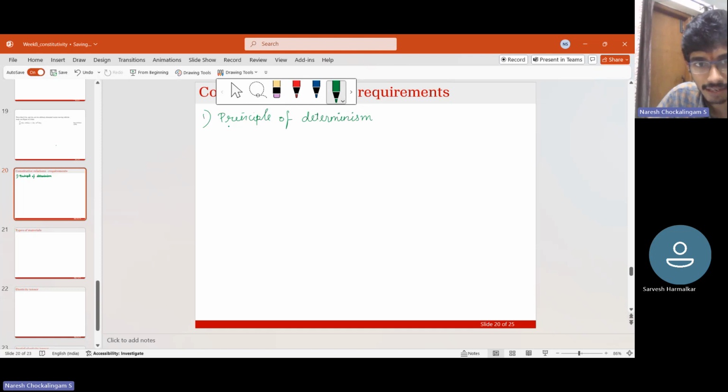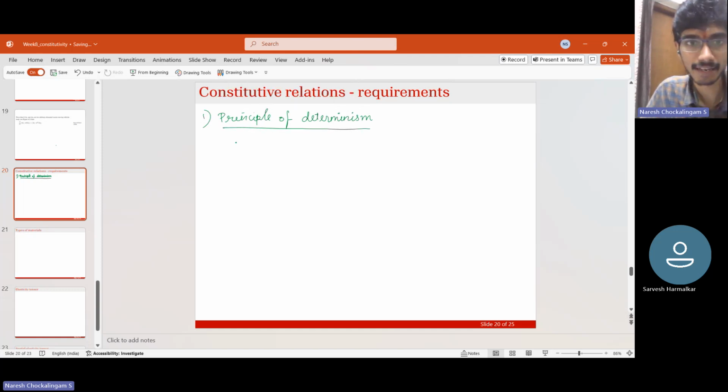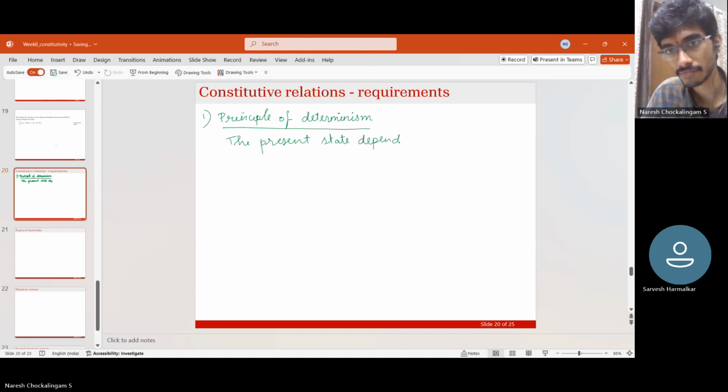So in words, the principle of determinism states that the present state depends only on the events in the past.